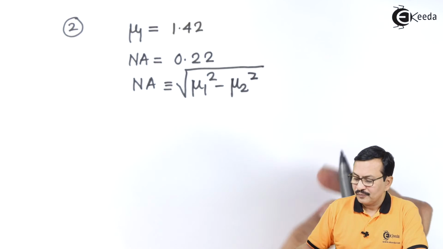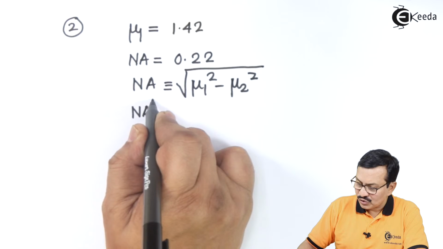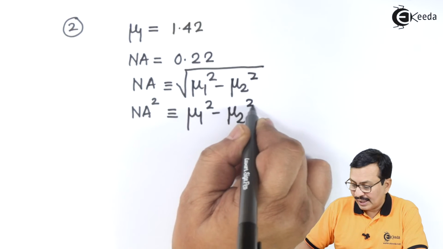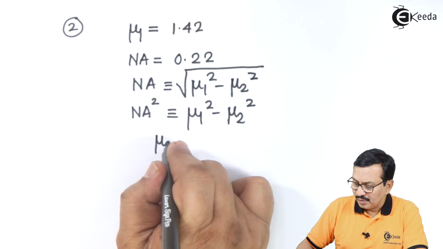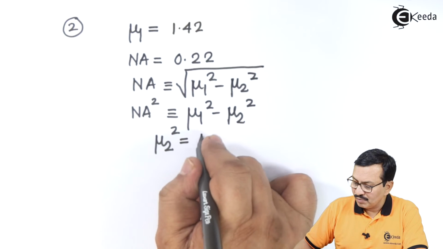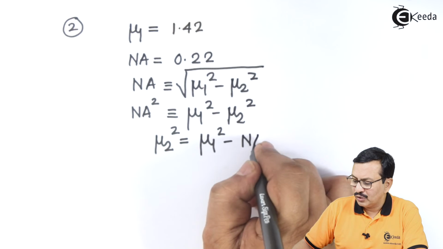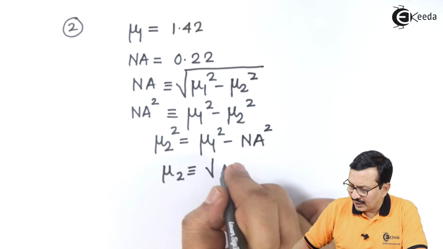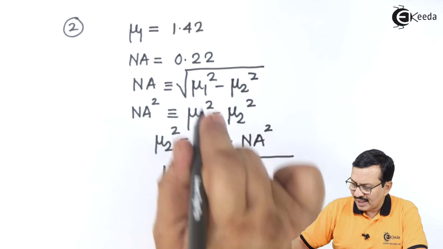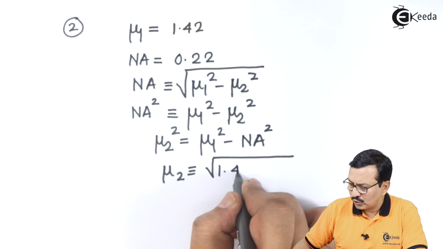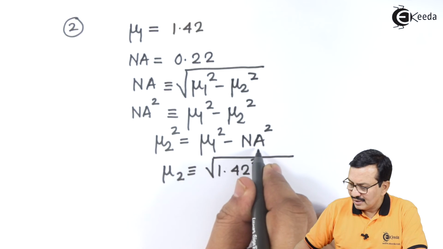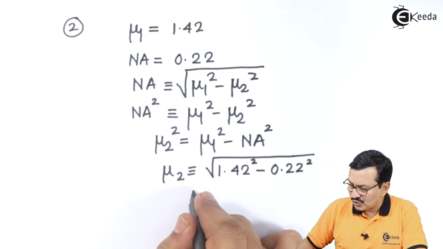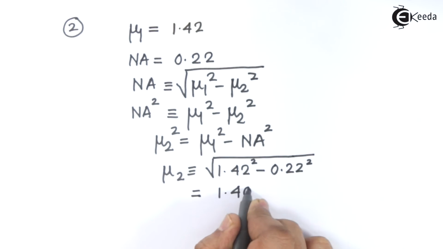Hence, your numerical aperture square works out to mu1 square minus mu2 square, which finally works out to mu2 square is equal to mu1 square minus the numerical aperture square, and hence your mu2 is equal to the square root of mu1 square, that works out to 1.42 square minus the numerical aperture square, 0.22 square, and it is this value that turns out to be 1.40.